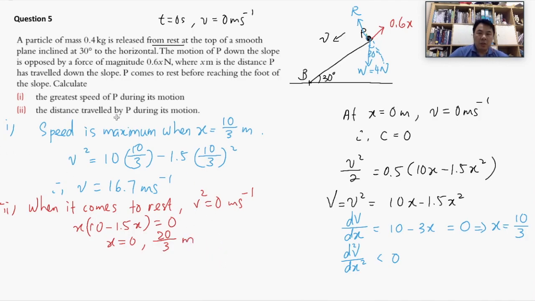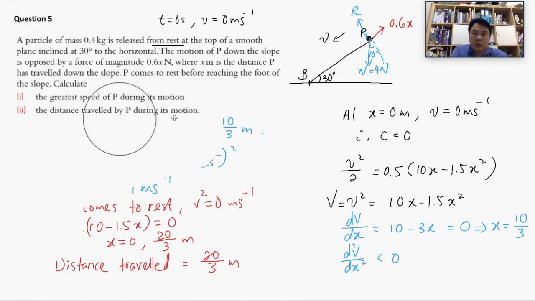So the distance traveled by P during its motion, just before it reached the foot, it has stopped moving. Now it will stop moving when x has reached 20 over 3. Therefore, distance traveled is equal to 20 over 3 meters. Alright, so I hope that is clear.